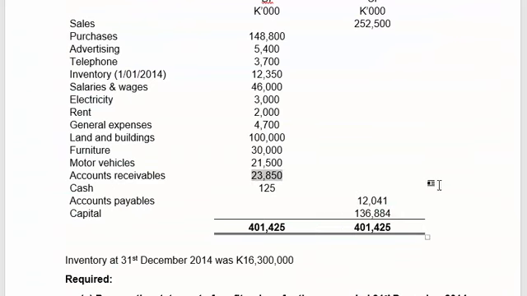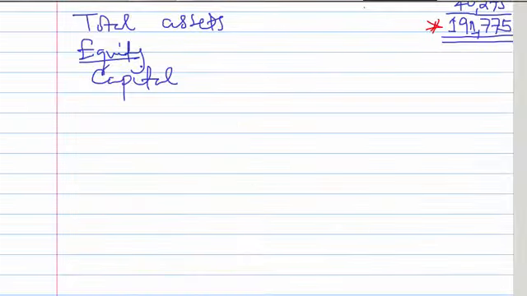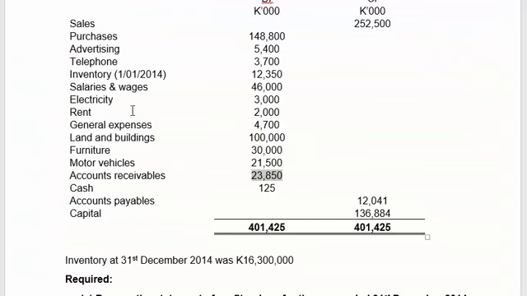For the equity, we're going to have our capital, and the total of our capital was 136,884. We need to get our retained earnings, or profit that we've retained in the company.